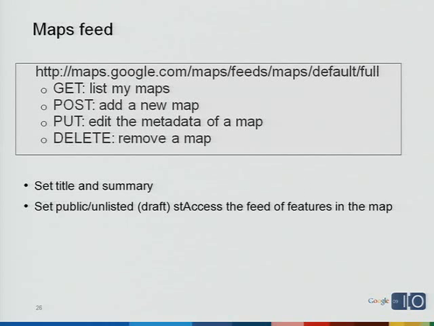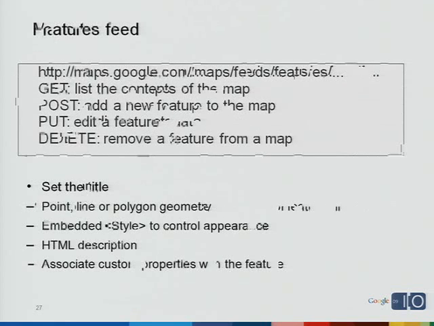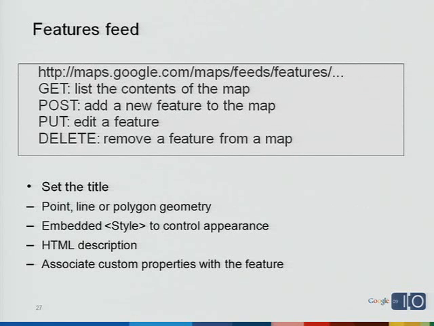Among the metadata, you can also specify the access control, specifically whether it's public or unlisted. Similarly, there's a feature feed, and again, we support get, post, put, and delete. Get will list all the features within a map. Post can be used to create a new feature. Put edits an existing feature, and delete removes a feature.